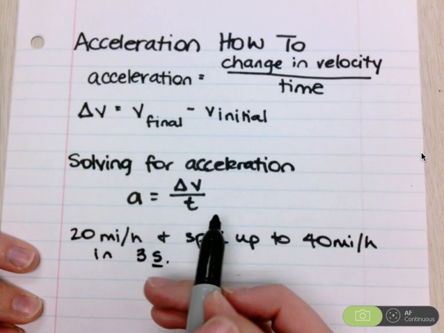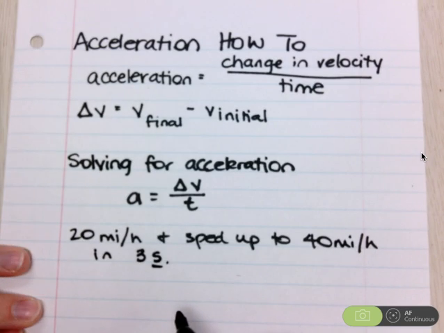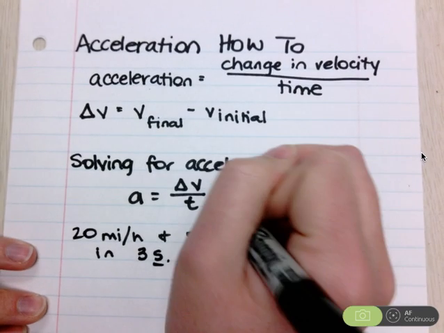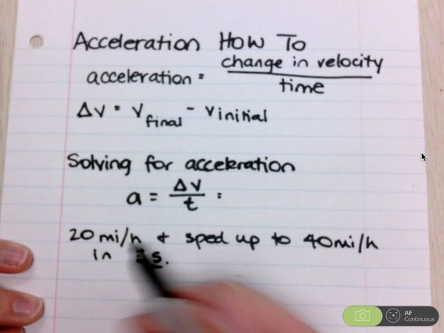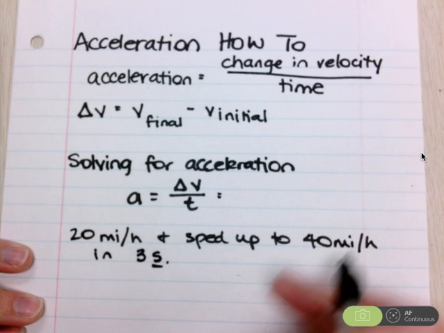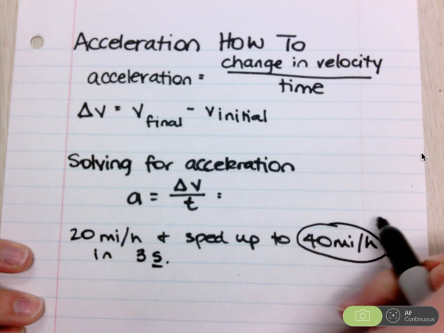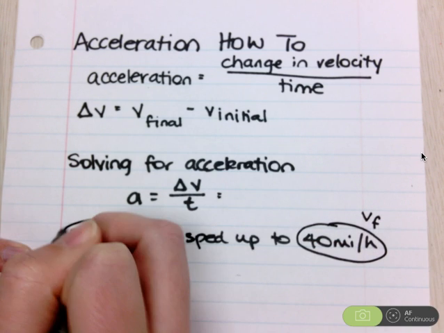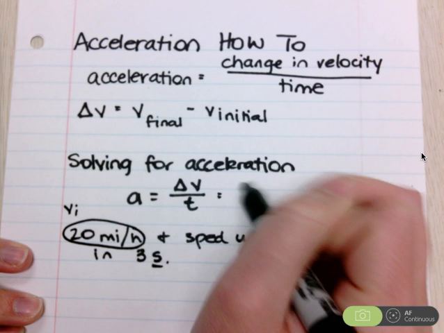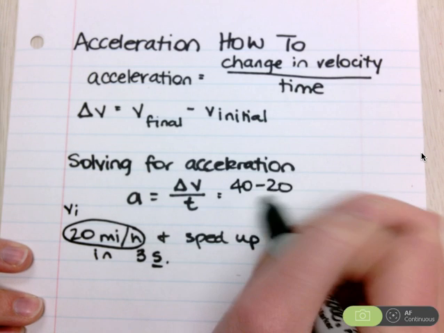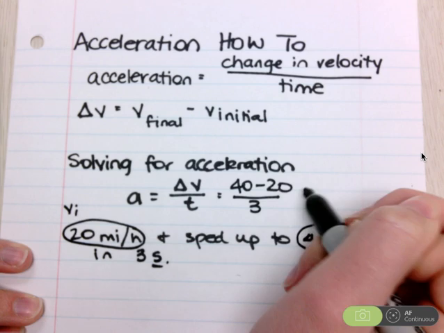Just make sure that your unit is in the right system. So I'm going to plug my numbers in. Change in velocity is final. What speed did I end up getting to? That's this one. So this is my final. This is where I started. That's my initial. So 40 minus 20 divided by 3.